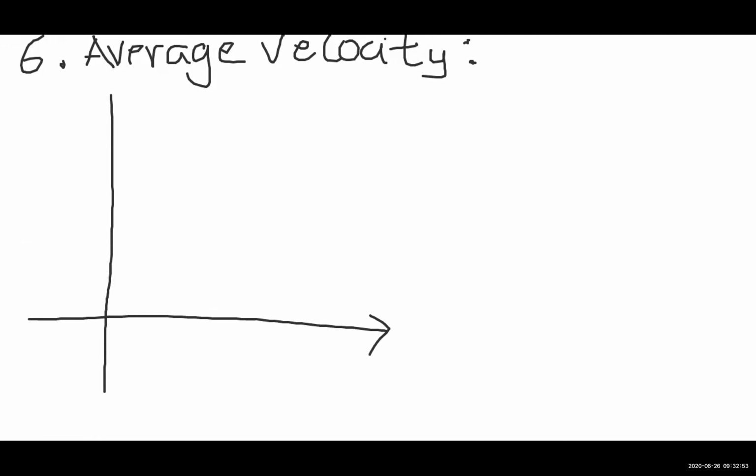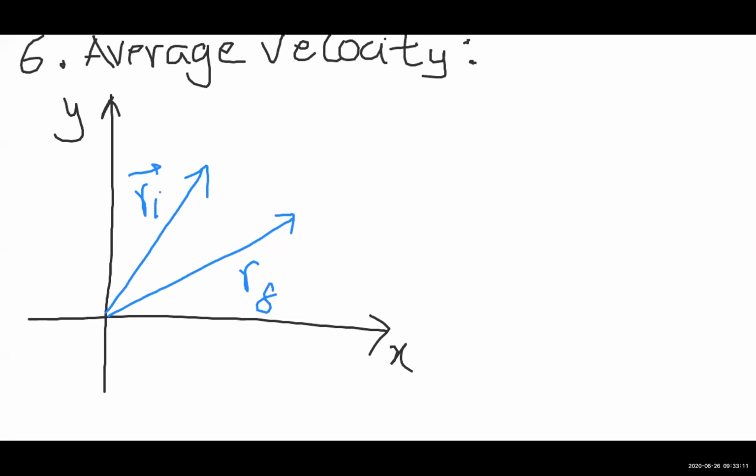If we have a frame of reference, and in this frame of reference, a particle moves from some initial position vector to some final position vector, then the average velocity, by the way, we have a new mathematical symbol here.